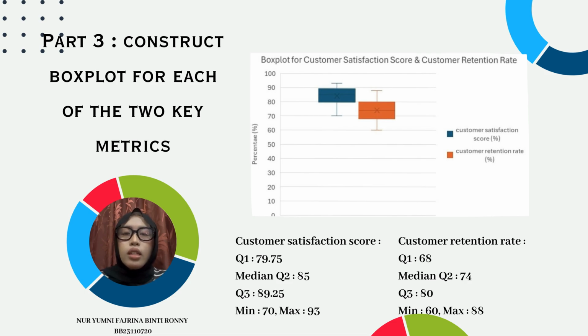Q1 is 79.75, the median Q2 is 85 and Q3 is 89.25. For the customer retention rate, the minimum is 60 and the maximum is 88. Q1 equals 68, the median Q2 is 74 and Q3 is 80.